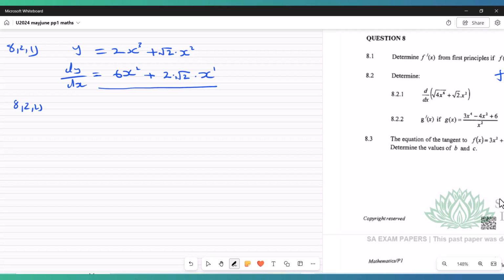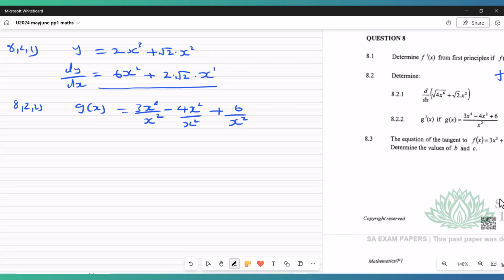Then 8.2.2, to differentiate our g of x here, we have to first split or divide by the same x squared everywhere to get the right g of x. So I can split by dividing 3x power 4 divided by x squared, and then here I have minus 4x squared divided by x squared again, then plus 6 divided by x squared.